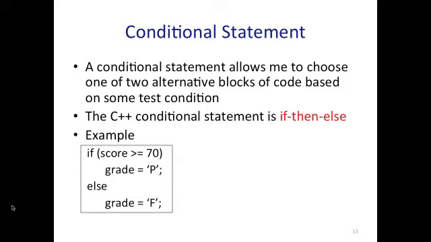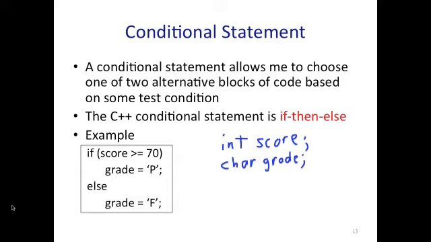You should be able to guess that score is an int, and you should be able to guess that grade was declared as a char, because when I assigned a value to grade, I assigned a char value.